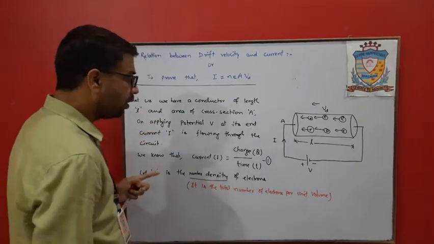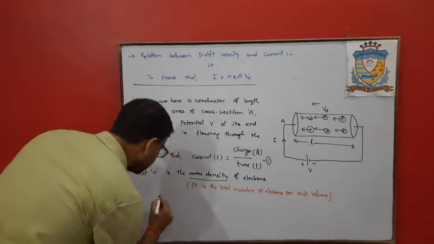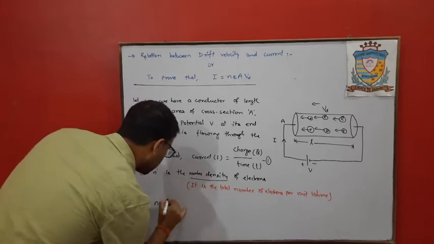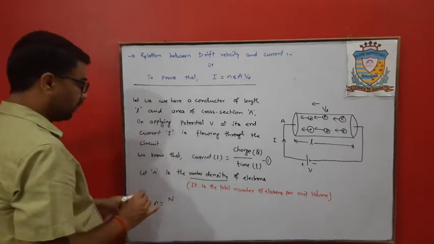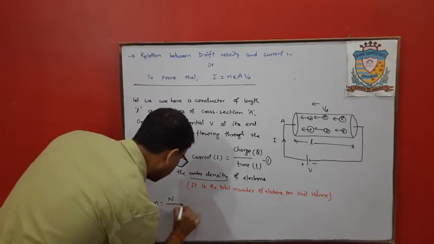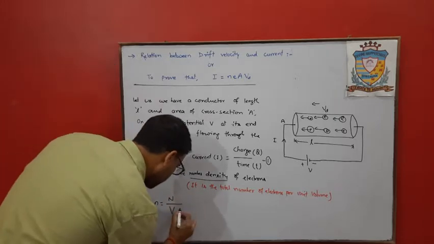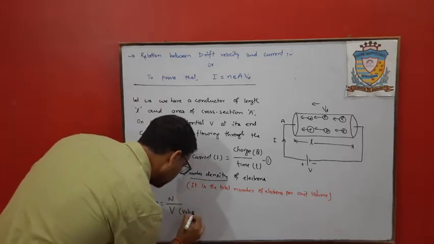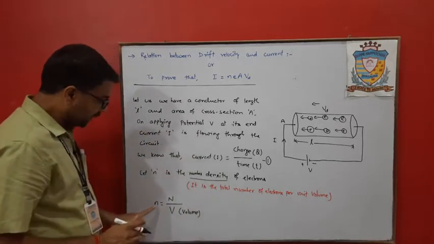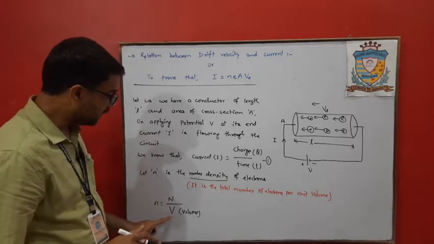Now that means this n can be written as the total number of electrons, let the total number of electrons be capital N, and this V stands for volume. So number density small n is equal to capital N upon V, where V is the volume.